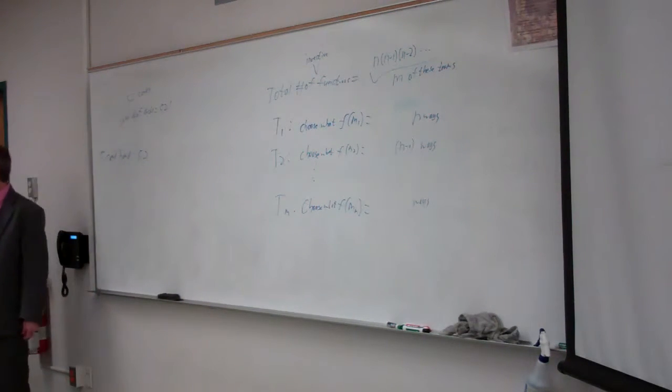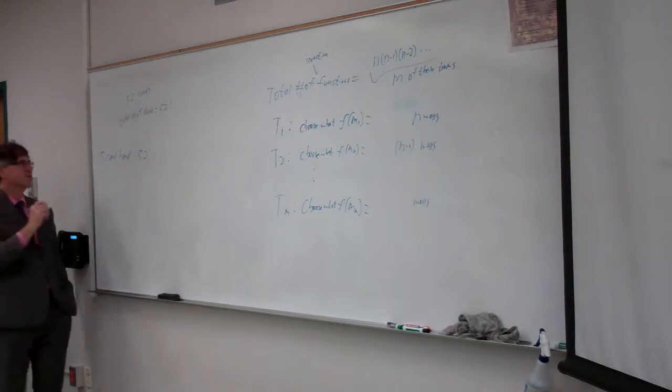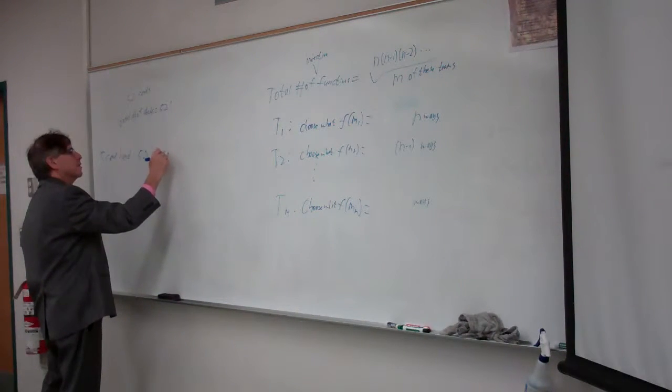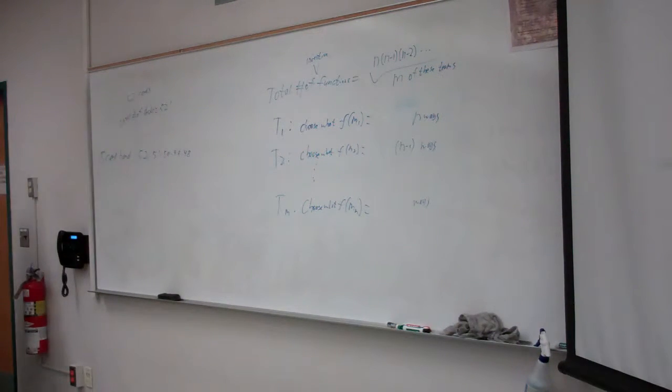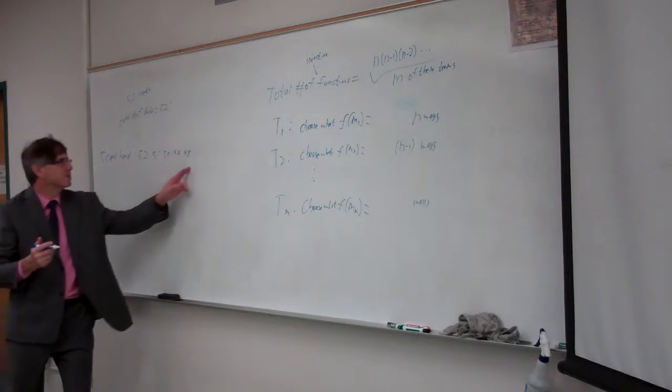To pick the second card, we have 51 choices. So that's the total number of 5-card hands that we can draw from a deck of 52, assuming we draw a card, we don't put it back in, we hold on to it. That's the number of combinations. And it's clearly smaller than 52 factorial because we're not multiplying by all these other things.